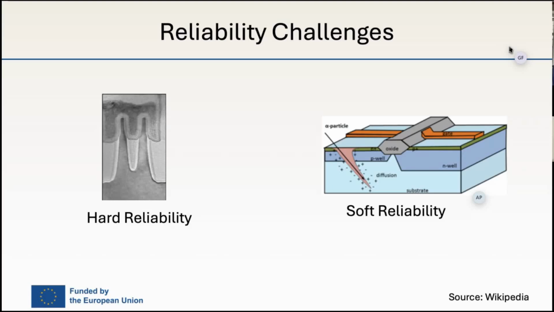These particles are always hitting, but temperature makes this problem worse, because the higher the temperature is, the higher the electron mobility within your transistor, and consequently they become more susceptible to soft errors, and the soft reliability of your processor goes down.